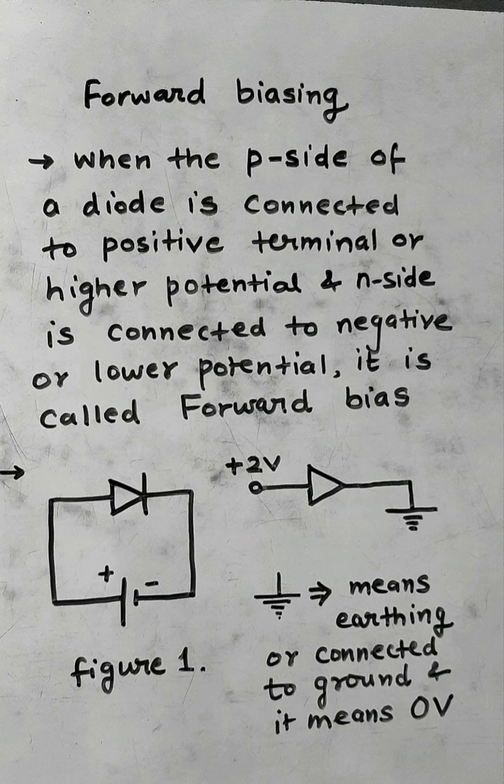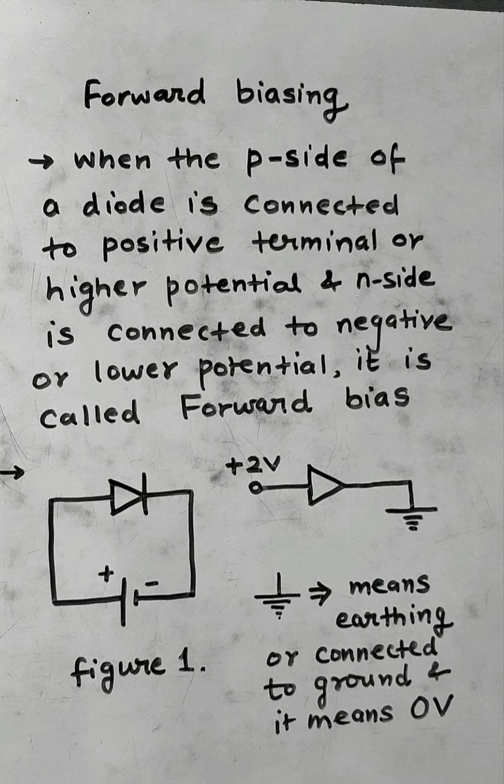So in figure 1 you can see that I have connected the positive terminal to the triangle, and the triangle represents the P side, whereas the negative terminal is connected to the straight line which represents the N side of the diode, which we have discussed earlier. Okay, and in the second figure also you can see that the triangle is connected to plus 2 volt, which is higher potential, and the negative terminal, the N terminal, is connected to earth, to ground, which represents 0 volts.